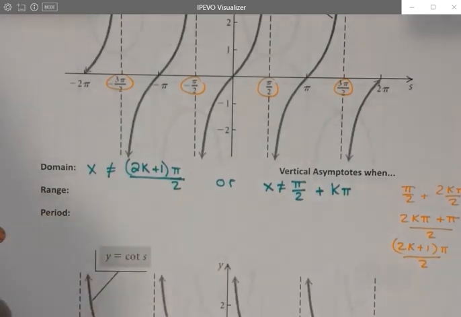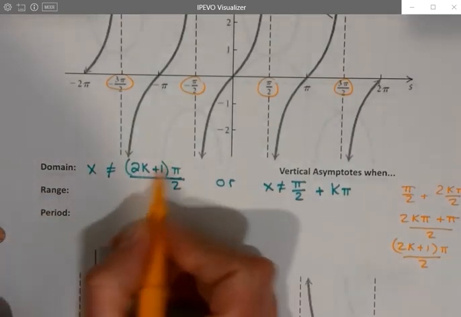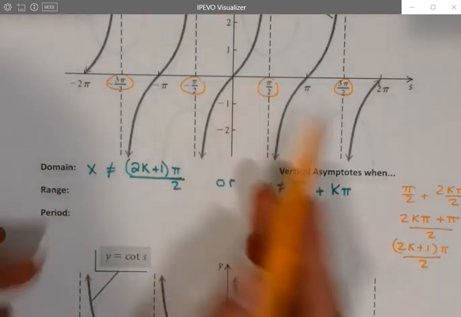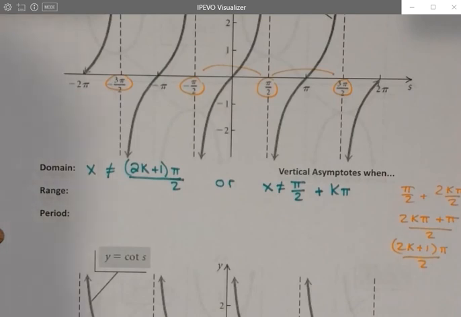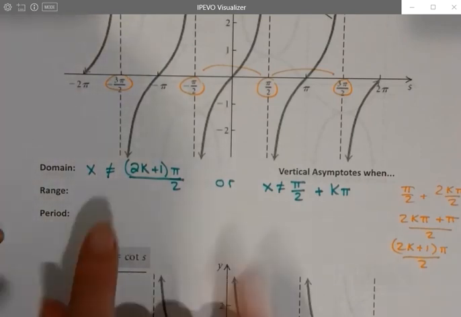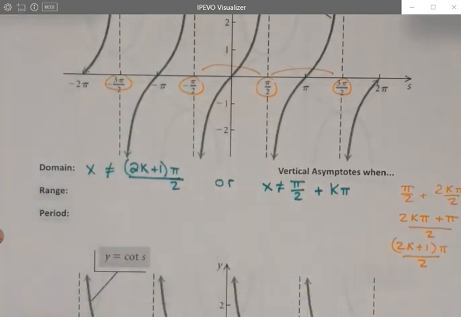So it doesn't matter which of those two you write, whether it's just odd pi over 2 or starting with pi over 2 and then a gap of pi size to get to the next one. Okay. Now, that takes care of the domain, and again, two different ways to write it. You can choose one of those. They're both in set notation. The range is the y values that we achieve.